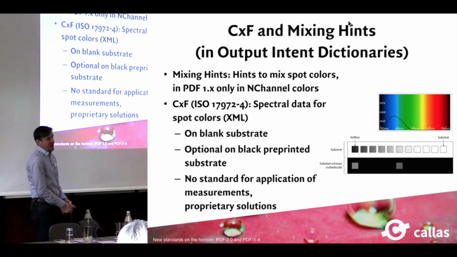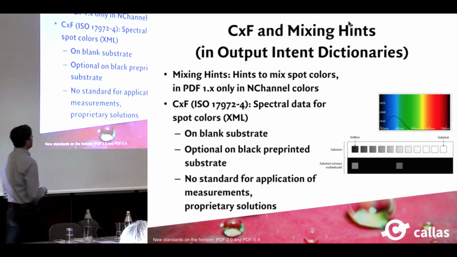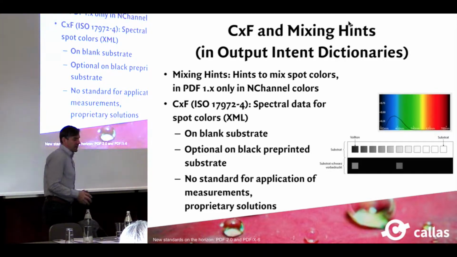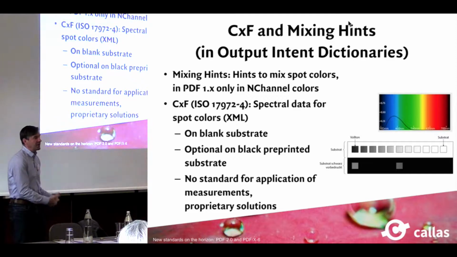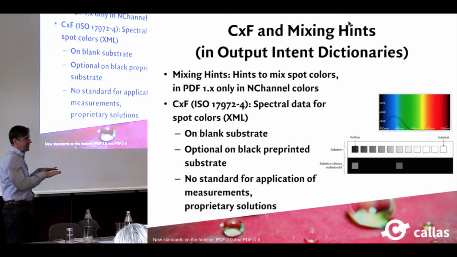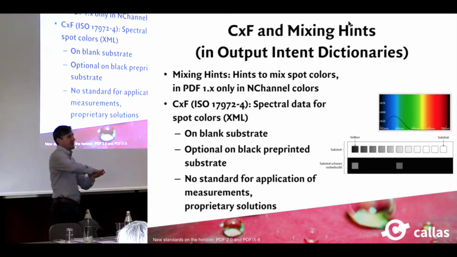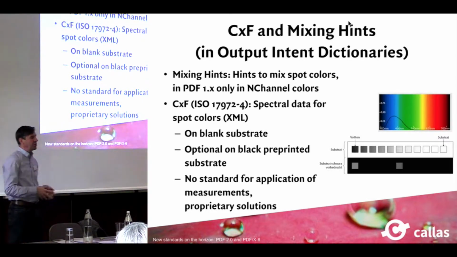Next is CXF and mixing hints. That is related to spot colors. Mixing hints are information about what a mixing of spot colors would create. In PDF 1, it was already possible to have it in a PDF file, but only on an object level, not for the whole document. But this information, how to mix spot colors, actually makes more sense to have for the whole document.